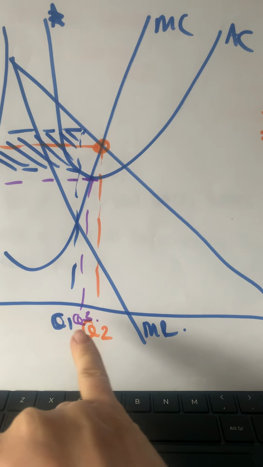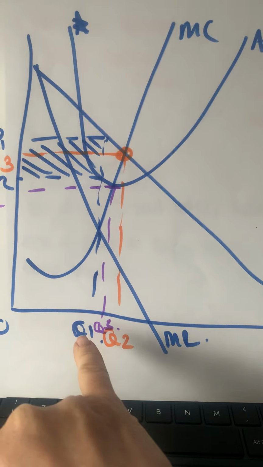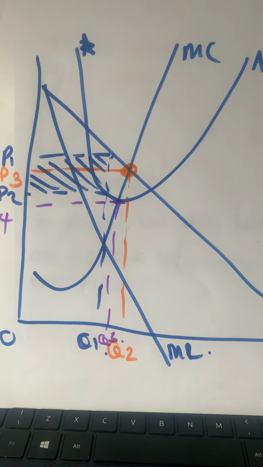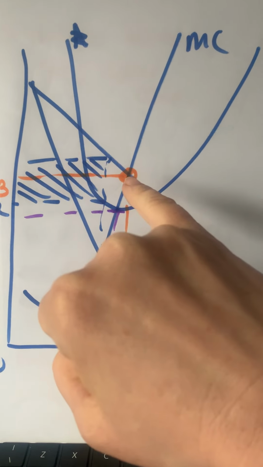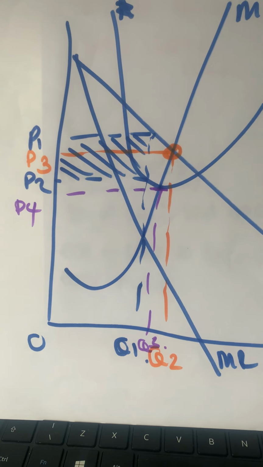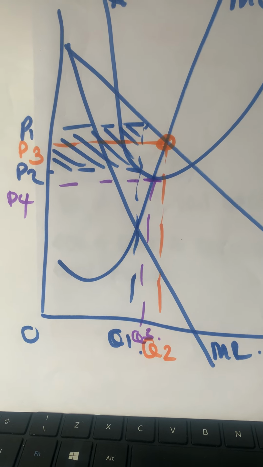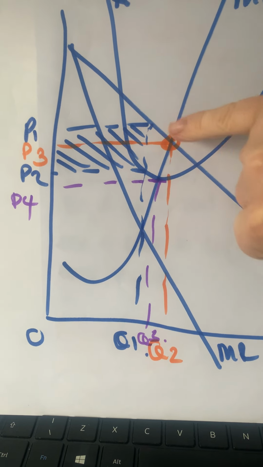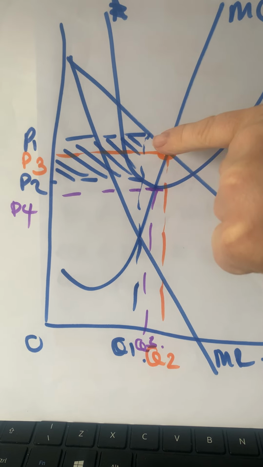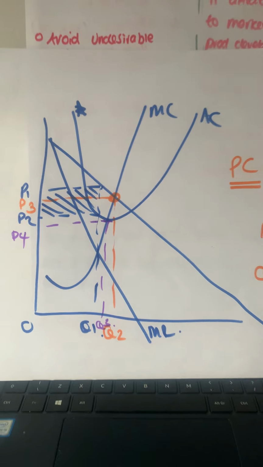Because if this business was in perfect competition, we'd be producing at Q2. But because it's a monopoly, we only produce at Q1. So this is the loss of output that we have because it's a monopoly. You could also say that there would be a welfare gain if this business produced in perfect competition, because you'd be able to capture this extra output because we'd then be producing where MC equals AR.